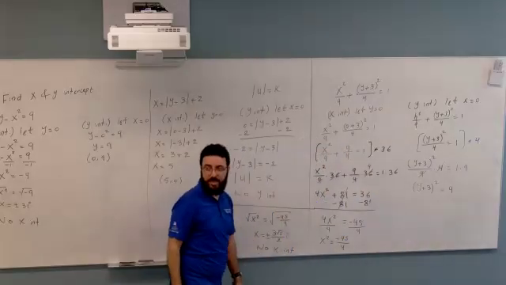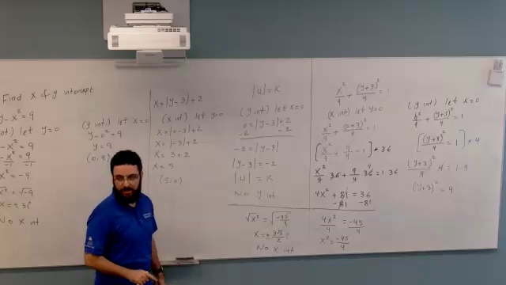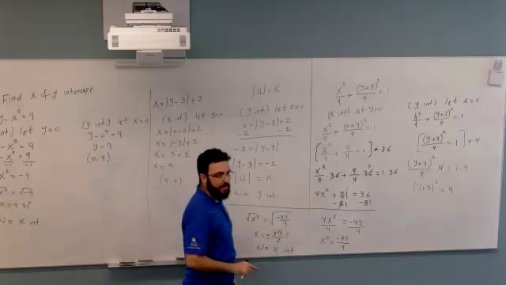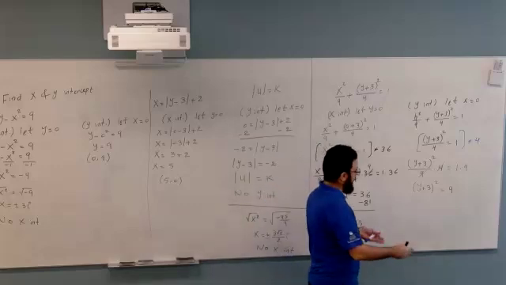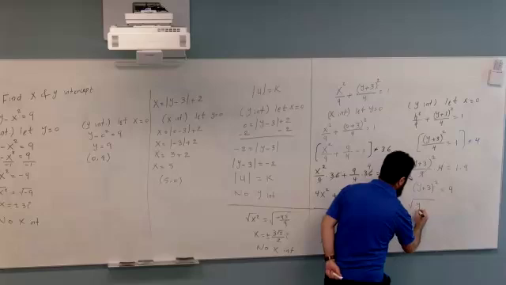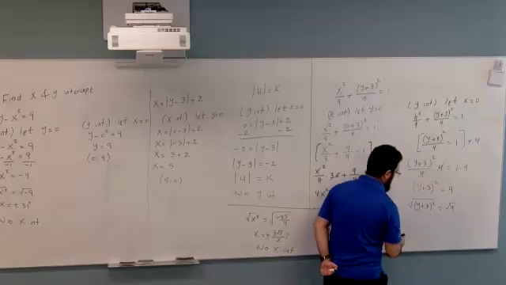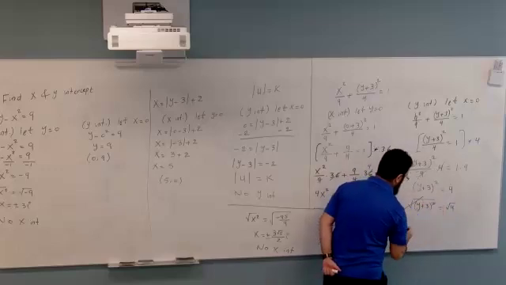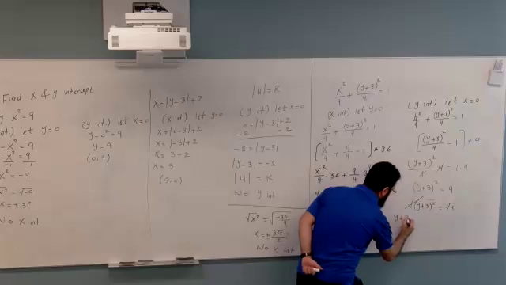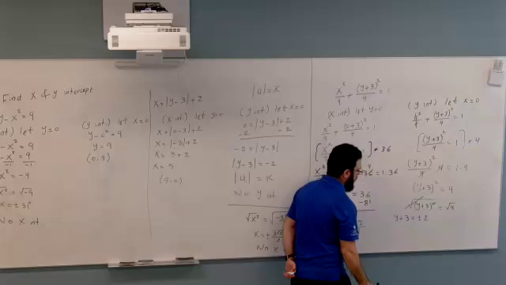I'm going to solve this one. Think. Take the square root of both sides. The square root of y plus 3 squared, and the square root of 4. So on the left, y plus 3 equals plus or minus 2.